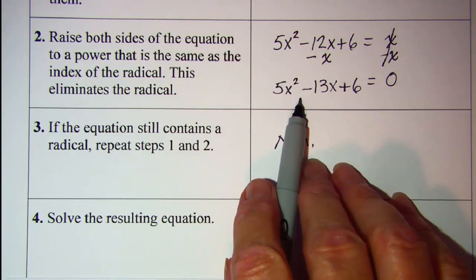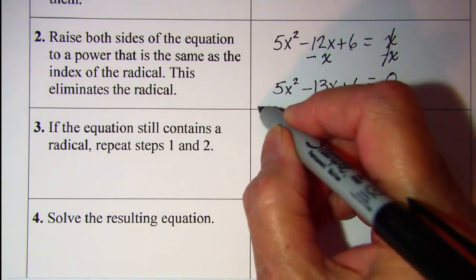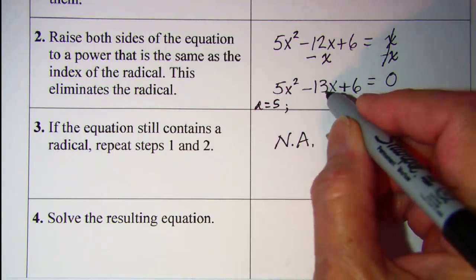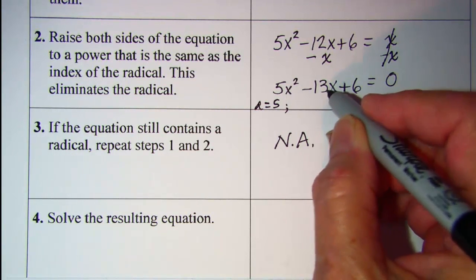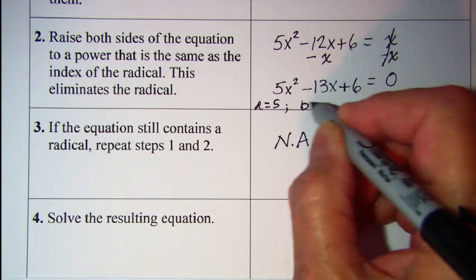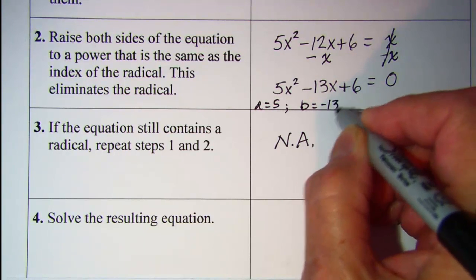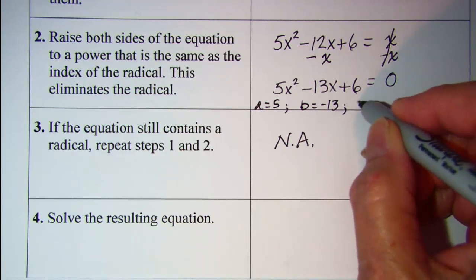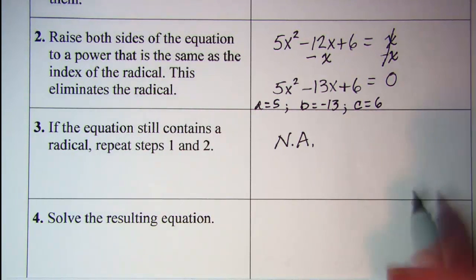So I'm going to use the quadratic formula on this one. A is 5, and b is the coefficient of x, so b is negative 13, and c is the constant term, so c is 6.